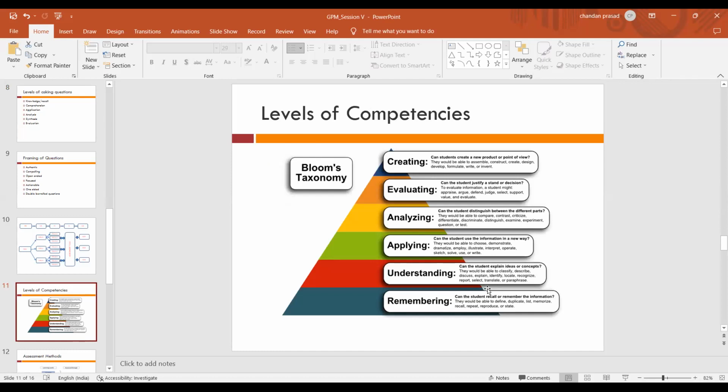In the semester examinations, we will not be using level 1. We will be using level 2, level 3, level 4.